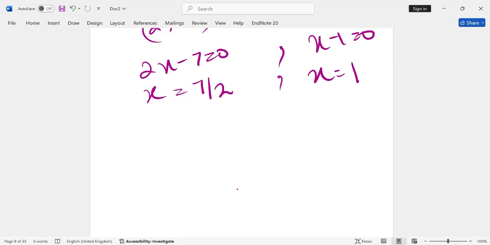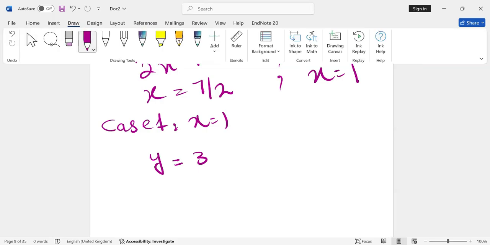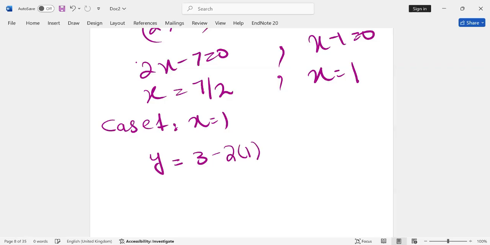In case 1, when x equals 1, we put into y equals 3 minus 2 into 1, that is 3 minus 2, which is 1.